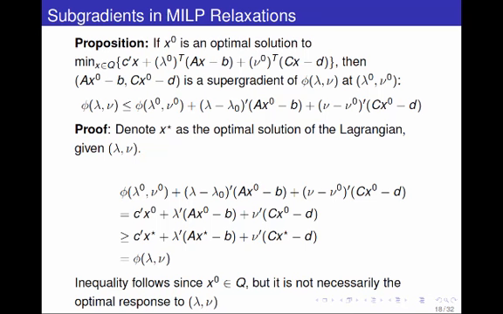Okay, so give me any lambda and nu, not necessarily different from the lambda 0 nu 0. And let's use x star to denote the optimal solution of this for lambda nu, different from lambda 0 nu 0.